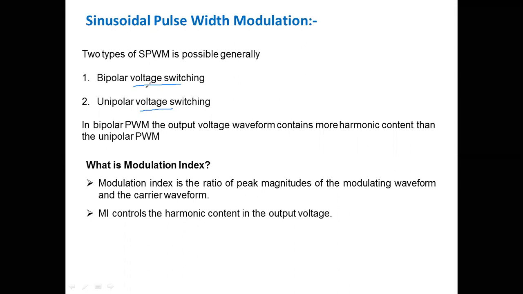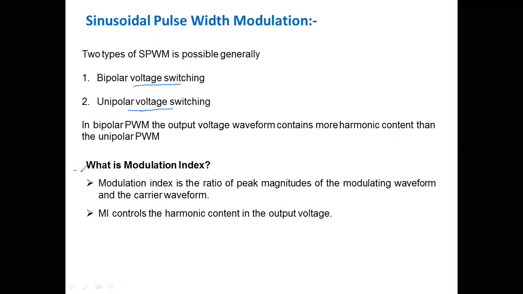But in unipolar voltage switching, we will get the pulses either in the positive half or in the negative half. That means if we get the positive pulses in the first half cycle, then we will get the negative pulses in the next half cycle. Okay, so these are the two types of sinusoidal pulse width modulation.